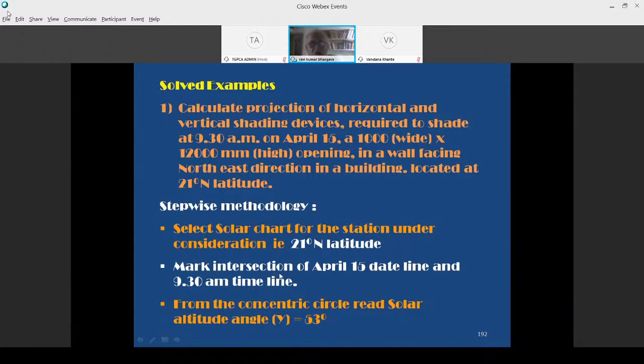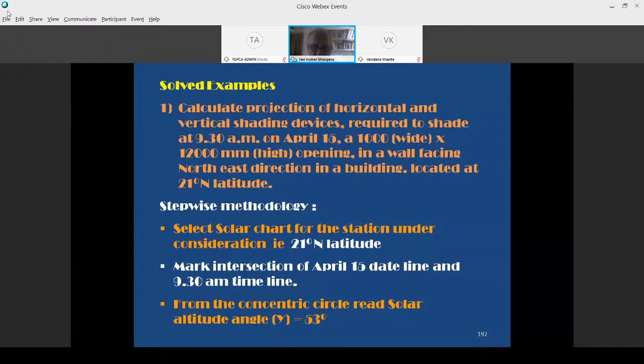Mark the intersection of the April 15 date line and the 9:30 a.m. timeline on the solar chart. Small curvilinear lines are timelines. Long curvilinear lines from east to west are the date lines. So mark the intersection of these two lines, that is date line 15 April and timeline 9:30 a.m.